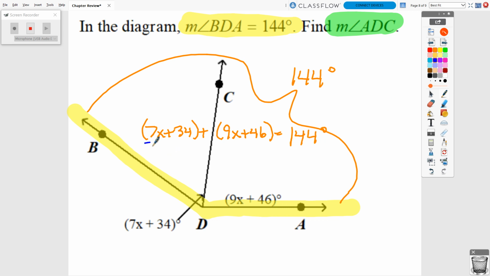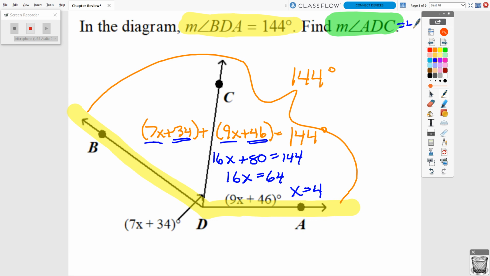So now combine like terms, 9x and 7x is 16x, plus 34 plus 46 is what, 80? Equals 144. Subtract that 80 over from the 144 and we'll get, what, 64? And divide by 16 on both sides and we'll get x equals 4. Now, does that mean angle ADC is 4 degrees?